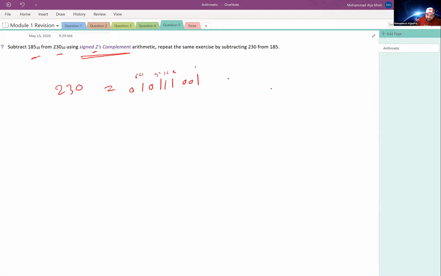Okay. So this is plus 230. The plus 230 is equal to 0 at the beginning and then the magnitude itself, 0 1 1 1 1 0 0 1.